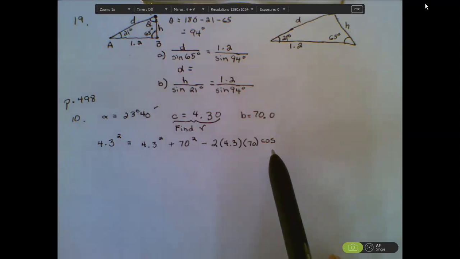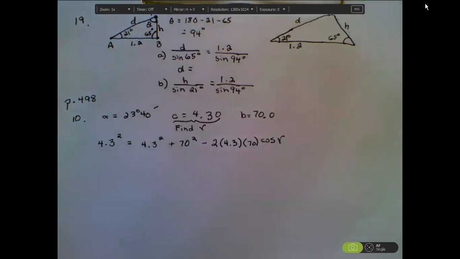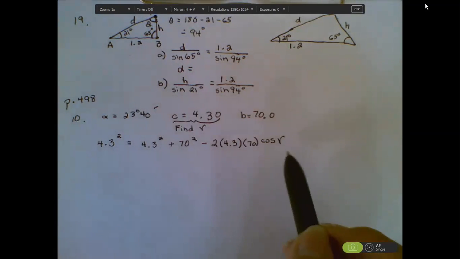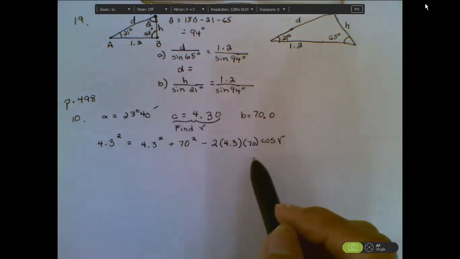Gamma is what I'm looking for. I was thinking I had to know this angle. I don't have to know that angle. That's the angle I'm looking for. All right. I completely screwed that up in my head.